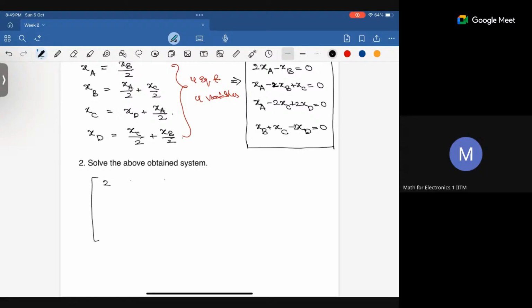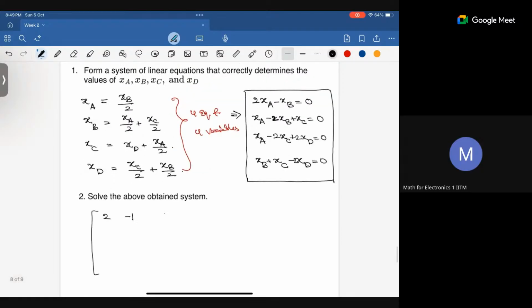So this will be 2, minus 1. So equation 1 has only two variables in it. We don't have xc and xd, but we can add xc and xd by adding 0 times xc plus 0 times xd. So 0 and 0 will be the coefficients for xc and xd.